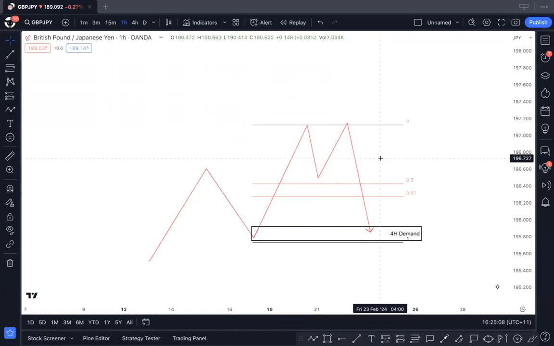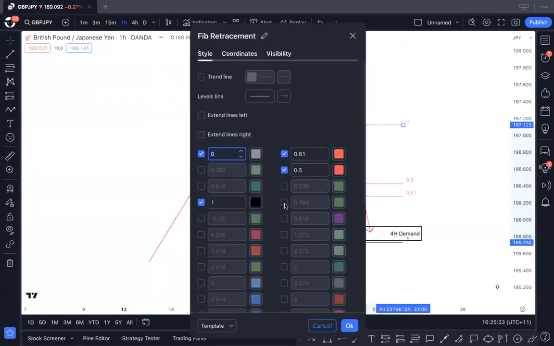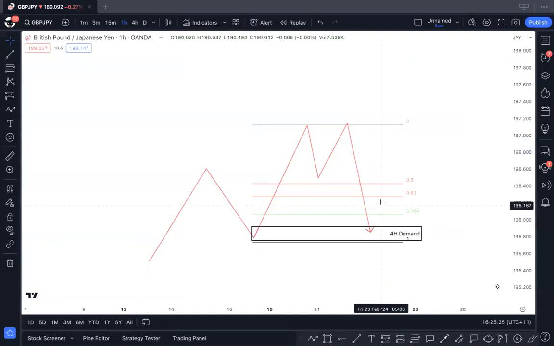I use it with 50% equilibrium, and let me check my second. You use 0.62 and 0.7. There's a guy named Andrew NFX I follow, his favorite retracement.